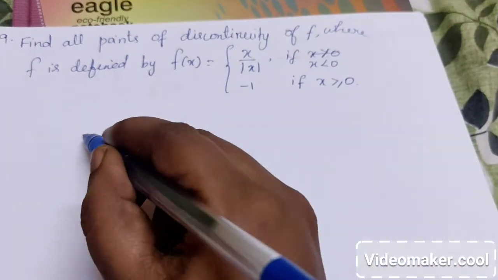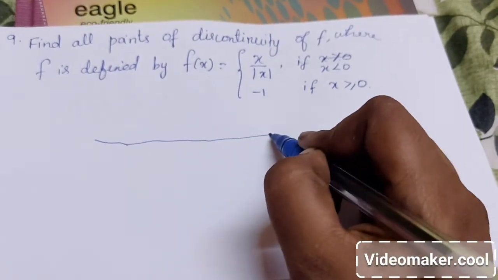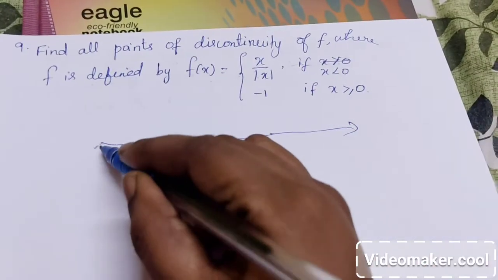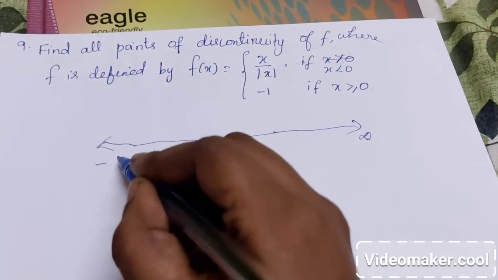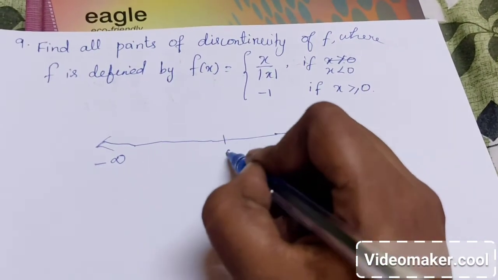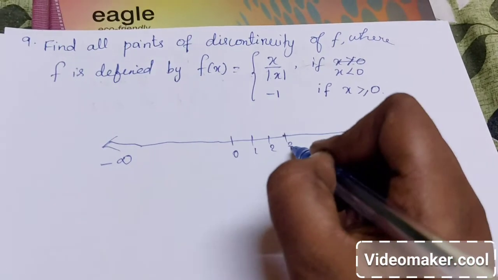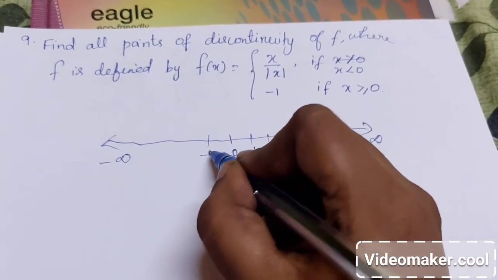So we'll consider a real line. So in a real line, this is positive infinity, it goes up to minus infinity, we have 0, 1, 2, 3 and so on, -1, -2.